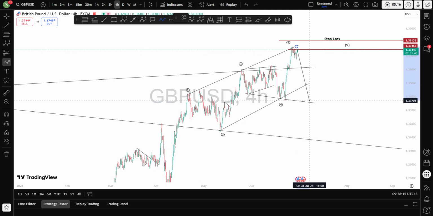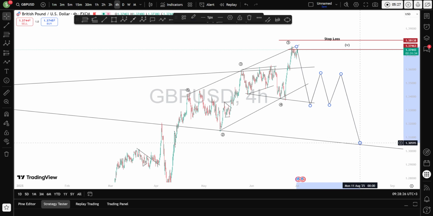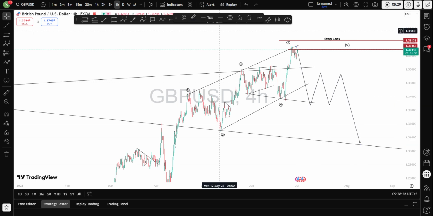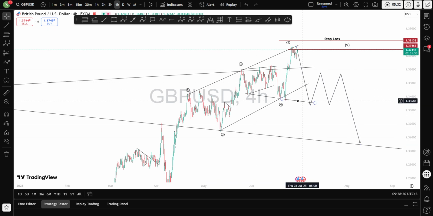It can go down, go up, go down, consolidate, forming a continuation pattern. Flags are continuation patterns. So if it forms the flag, this flag will form the right shoulder. This will form the left shoulder.